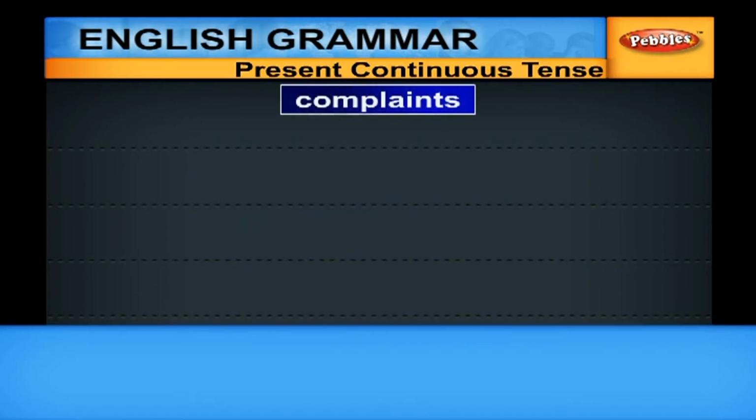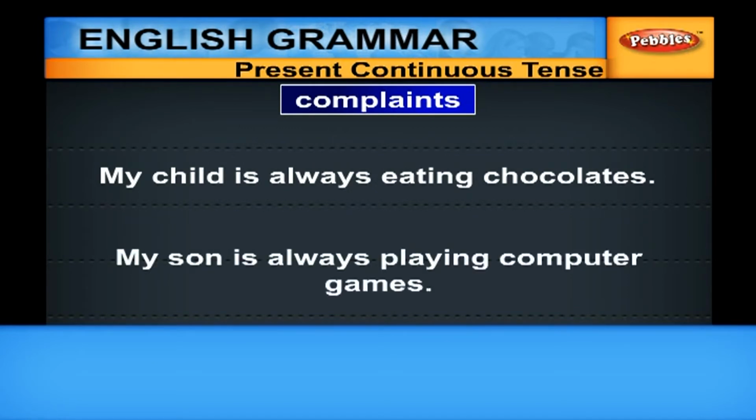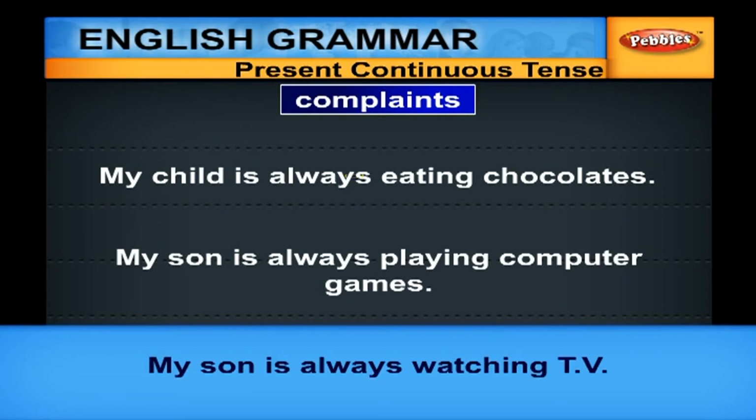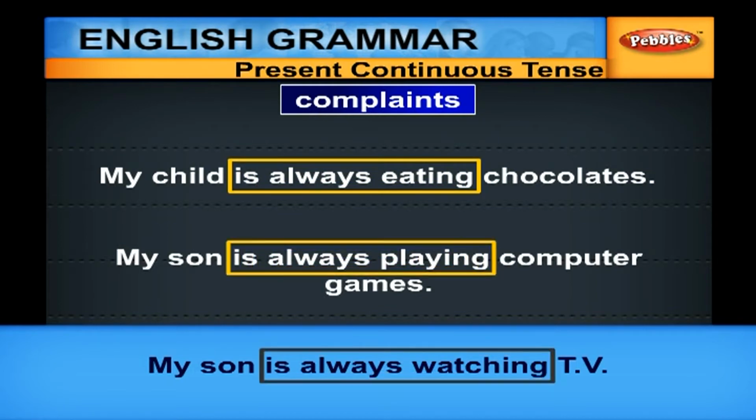But also, we hear complaints like, "My child is always eating chocolates. My son is always playing computer games. My son is always watching TV." The sentences are in present continuous tense, but they refer to a habitual action.